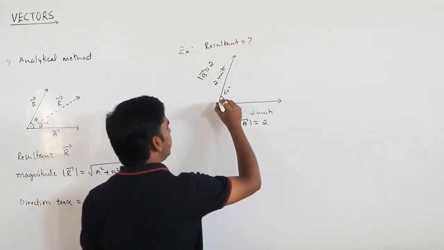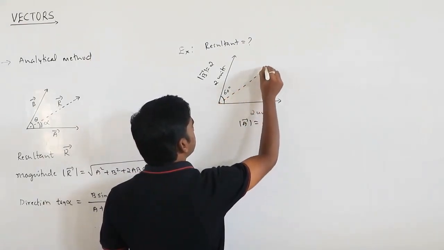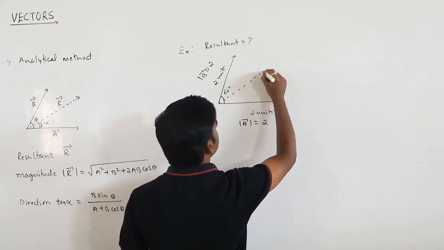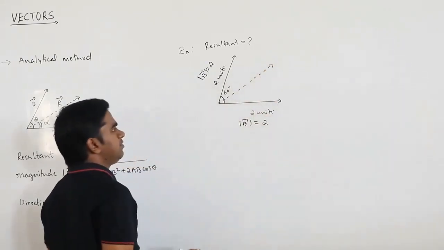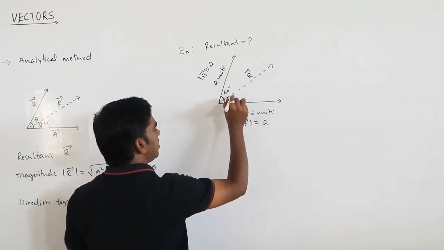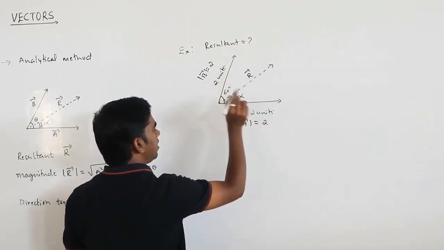So the resultant will be here. This is going to be our resultant. How can we find this resultant? We have to find the magnitude separately, then we have to find this angle alpha.